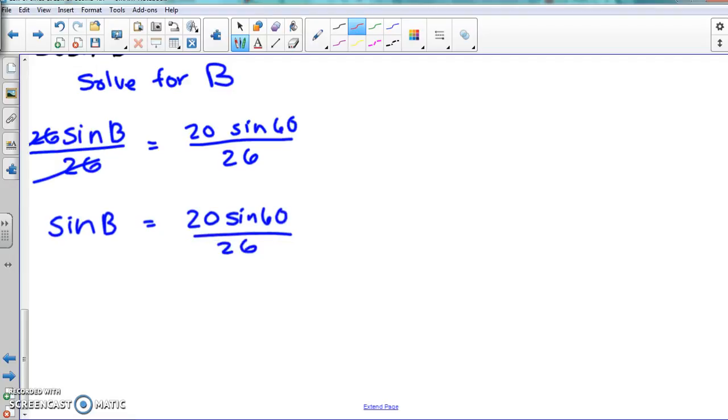Again, just like we did on that warm-up with the law of sines, how do we get sine to move over to the other side? Or how do we get rid of sine? For angles, you must do the inverse.